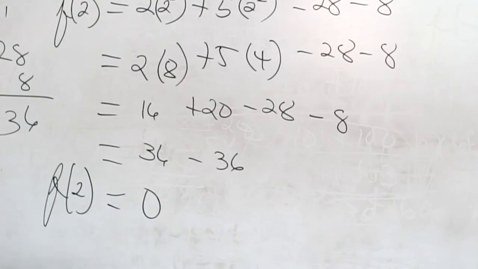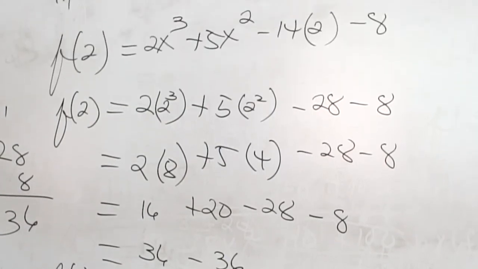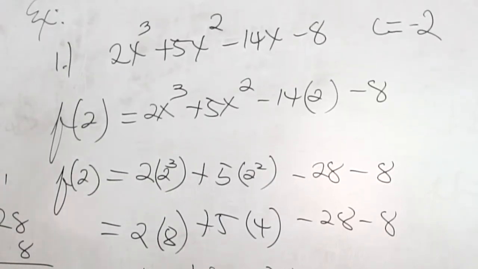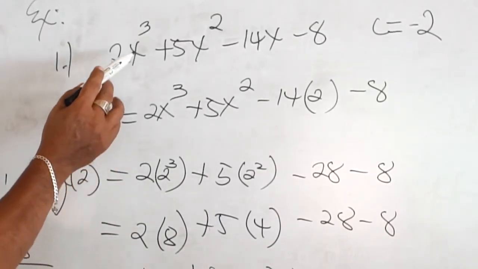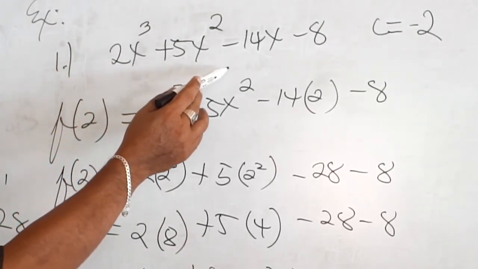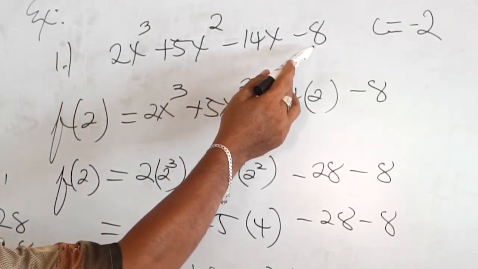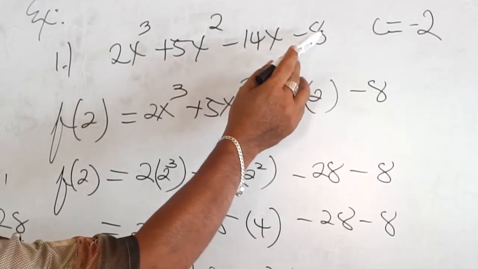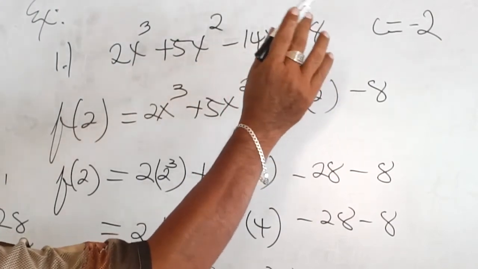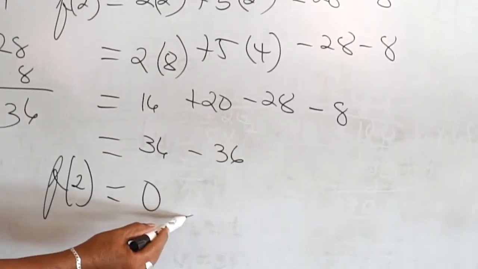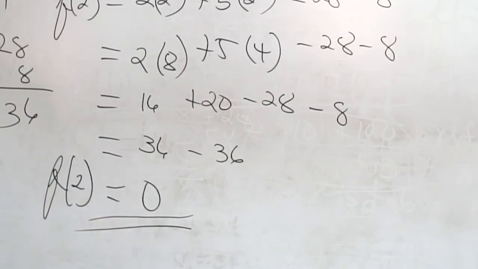Okay, since the remainder is 0, therefore, x minus 2 is a factor of 2x cubed positive 5x squared negative 14x negative 8. So this is now our answer. Okay, so the factor of x minus 2 is equal to 0.